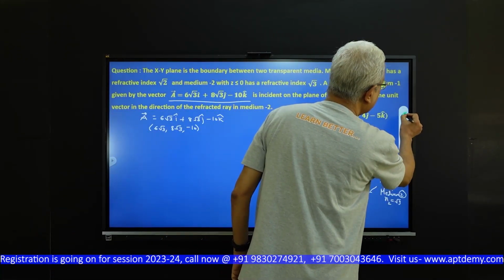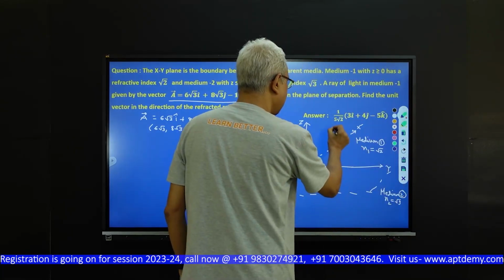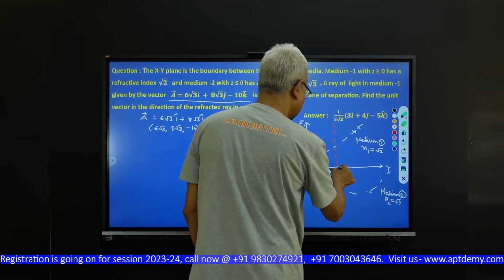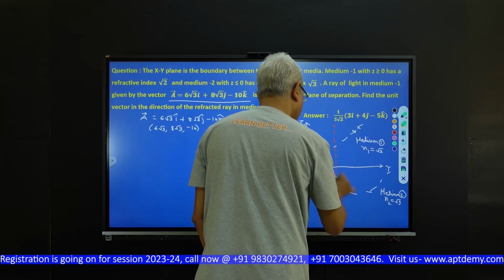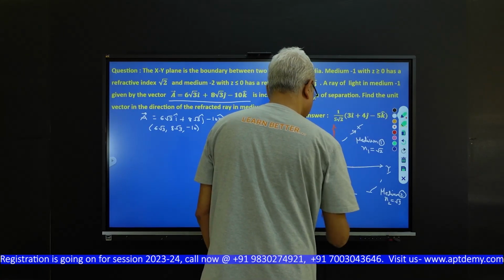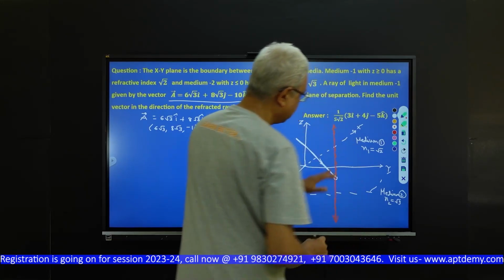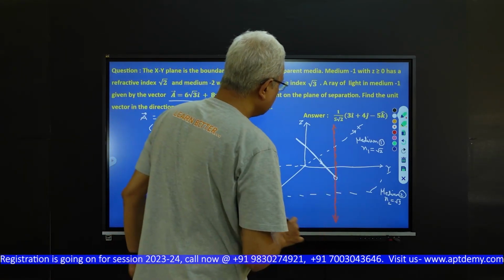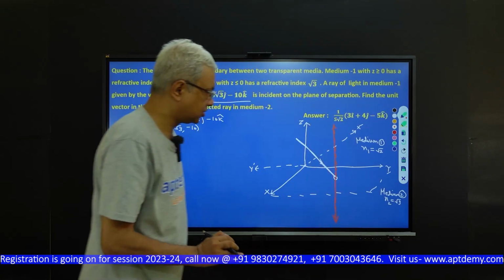Now, this is the normal at the point of incidence. Here the normal is in this direction and here the normal is in this direction. The normal is normal to the xy plane, therefore the normal is parallel to the z axis.